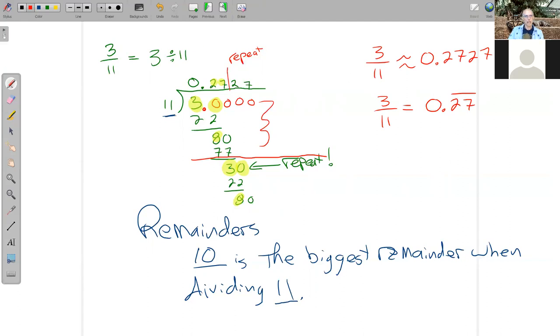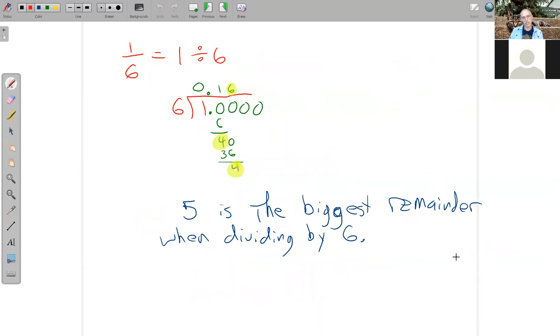Another example we looked at was 1/6, and here only the 6 repeated, because the 6 came up again and we're going to keep getting that 6 only. So I could say 1/6 is equal to 0.16 and make it clear the bar is only over the 6, not the 1.